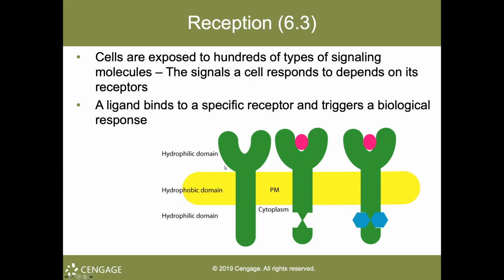In order for these receptors to span the membrane, part of the receptor must have a hydrophobic domain, so it can extend through the plasma membrane. The intracellular portion of the receptor has to be hydrophilic because, remember, it has to be present in the cytoplasm inside of the cell.